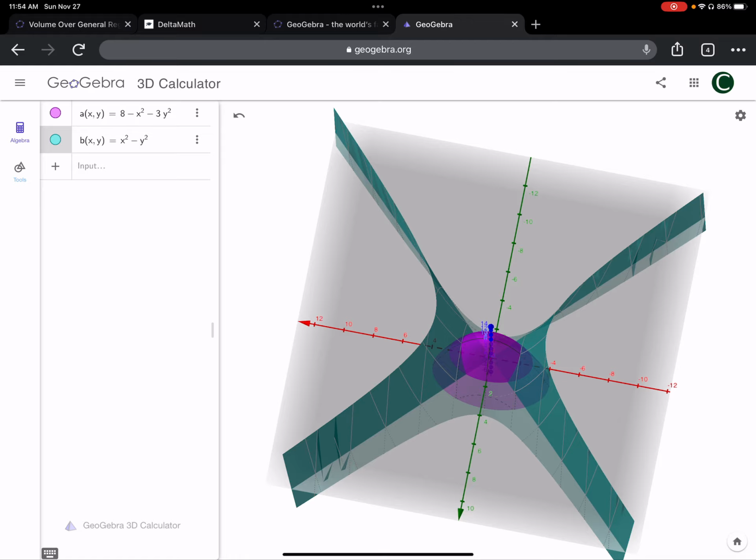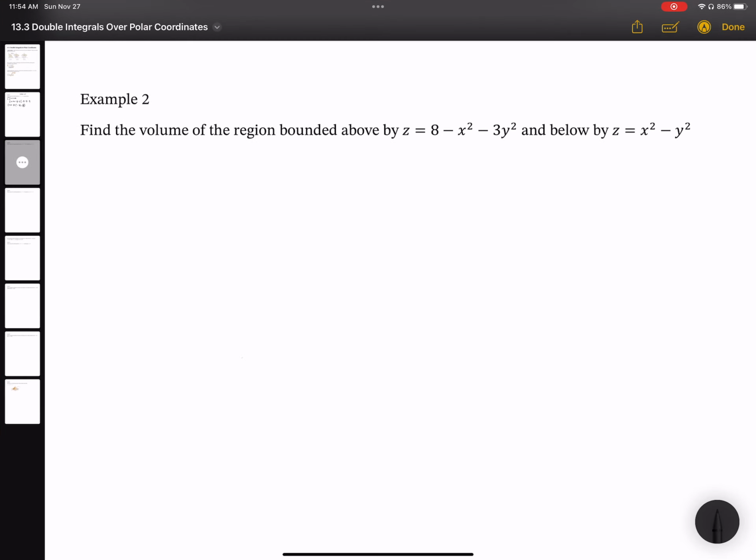Well, the first thing is we have to find our r limits. We're integrating over the region where they intersect. So that's going to be when 8 minus x squared minus 3y squared is equal to x squared minus y squared. And pretty quickly we'll get 8 equals 2x squared plus 2y squared.